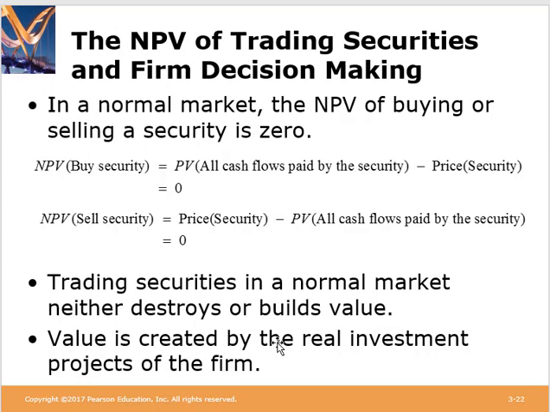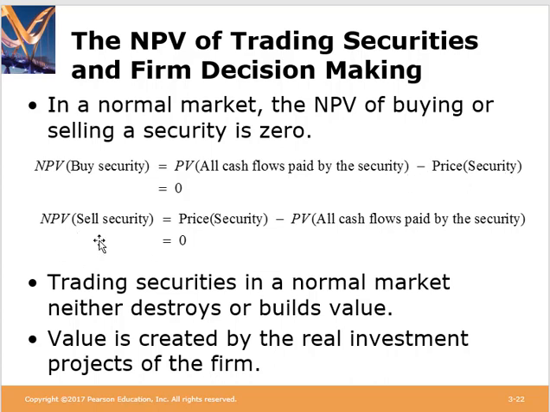So let's think about what this means with respect to values and making decisions. In a normal market, the net present value of buying or selling a security is zero. So the net present value of buying a security is the present value of all the cash flows minus the price of the security.